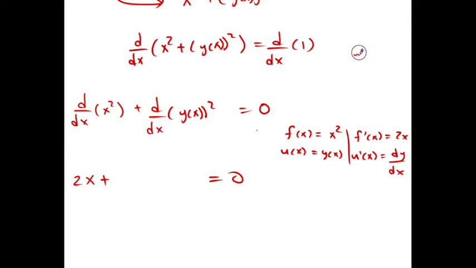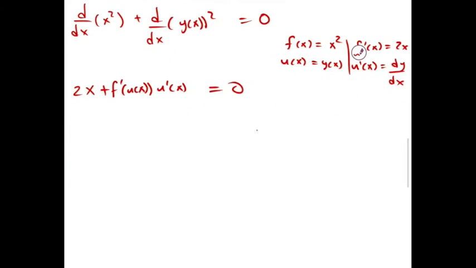So this is going to be f prime of u times u prime of x. This is going to give us 2 times u, which is y, so 2y. We can leave out the of x part.